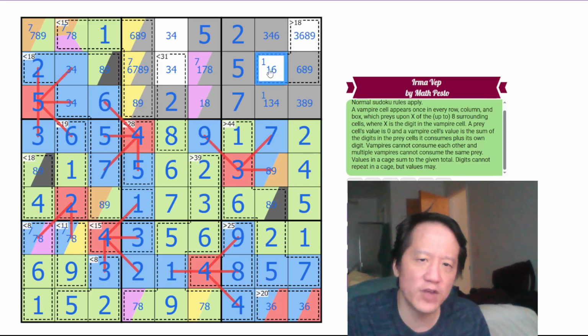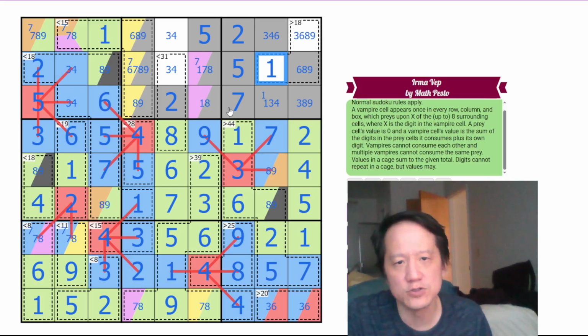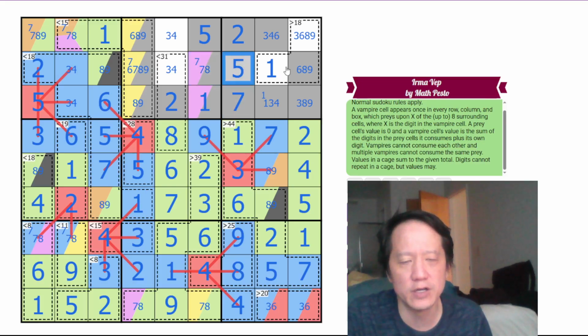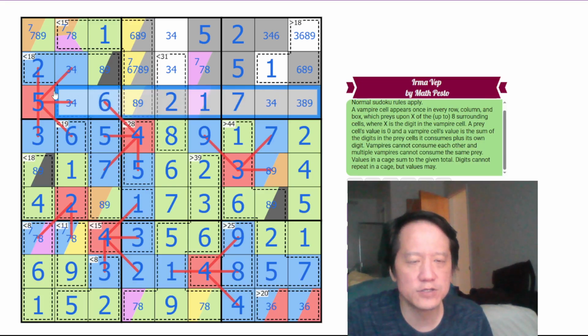If this is the vampire, that means this can't be the vampire, which means this is the vampire and is 3 preying on these 3, and that would force this to be 6, which forces this to be 1 either way. So this is 1 either way, which means this is 1. This cannot be 1. Obviously, this can't be 1. That's a 3-4 pair, which eliminates 3 or 4 in the same row. So this is 8 or 9.